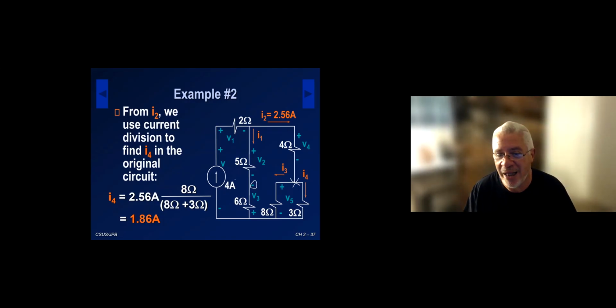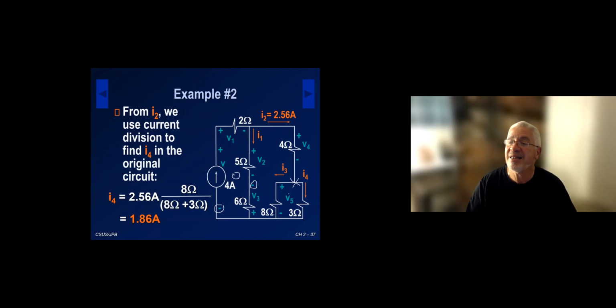So one way to calculate the voltage V across the 4 amp, with the polarities that I have, so that the current on the source is entering the negative terminal, is to do a KVL, Kirchhoff's voltage law, in that loop here. That's going to give me V if I know V1, V2, and V3.